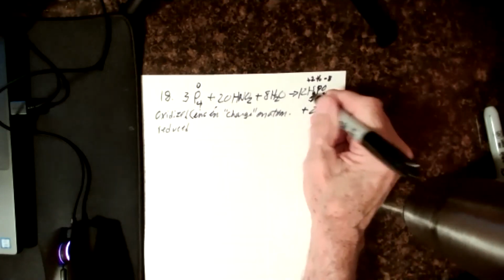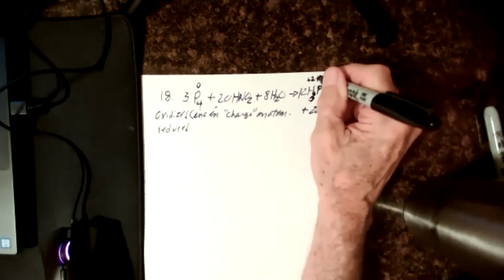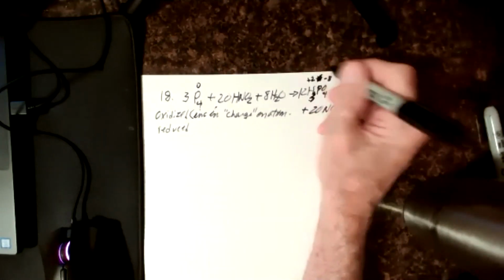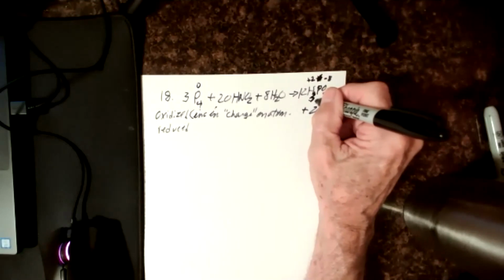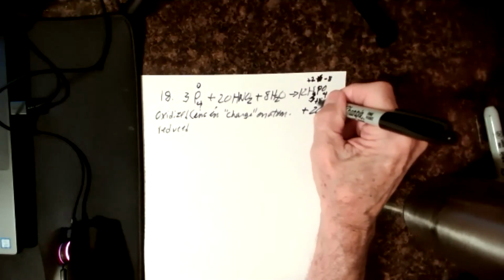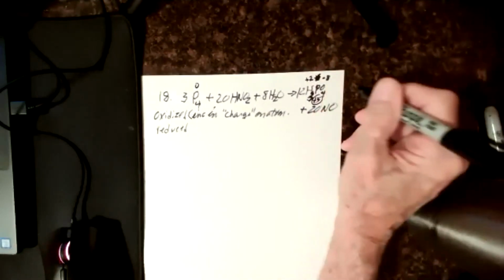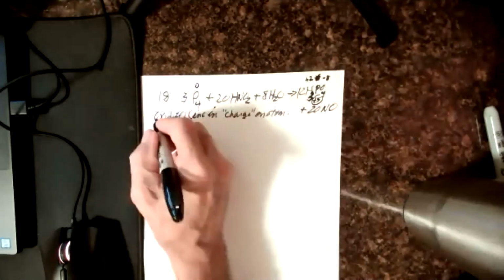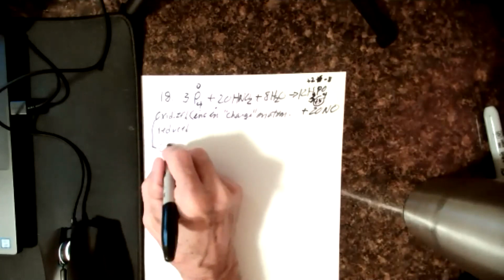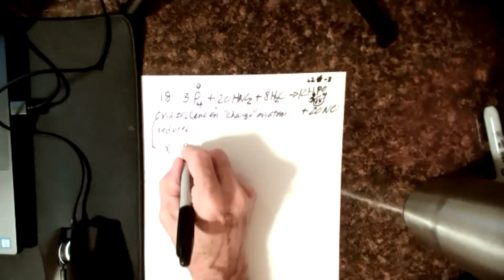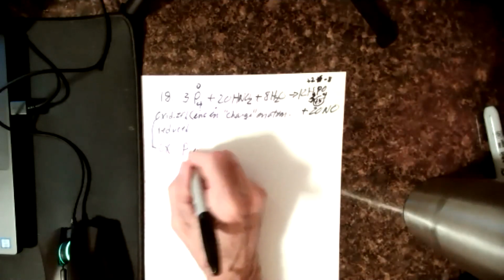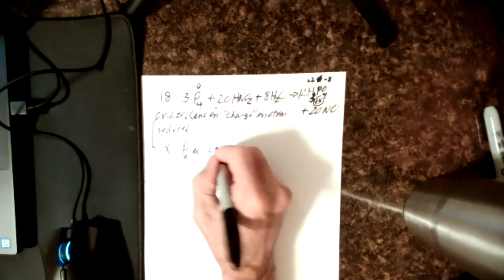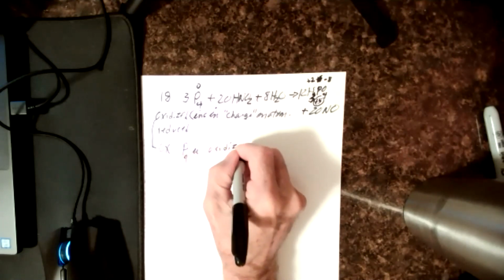So that should have been H3PO4. And I was really seriously bothered by that because I knew phosphorus ought to be +5 in this compound instead of +6. Now it is. So it's +5. So phosphorus goes from 0 to 5. So I can go down here and say oxidation, phosphorus is oxidized. Thank you for pointing that out to me.